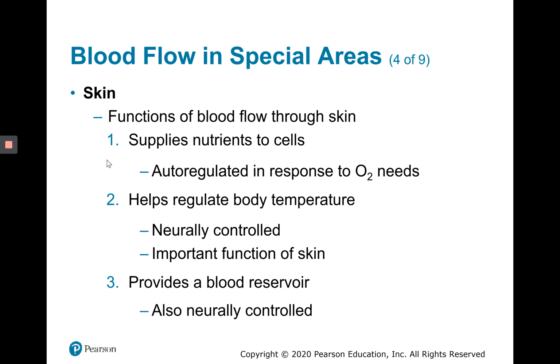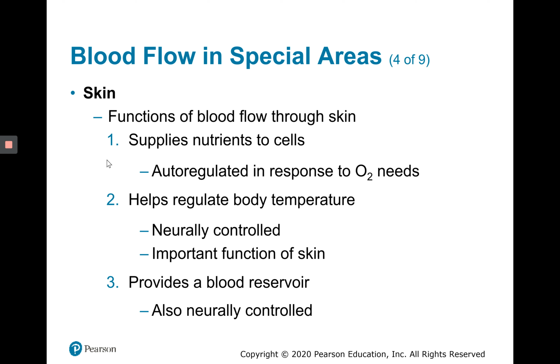We also see that the skin helps us regulate our body temperature, and this is a neurally controlled mechanism, which is a very important function of the skin. It's deemed thermoregulation. If you want to know more about thermoregulation, make sure to go back to chapter 5 over the integument to look at that skin function.